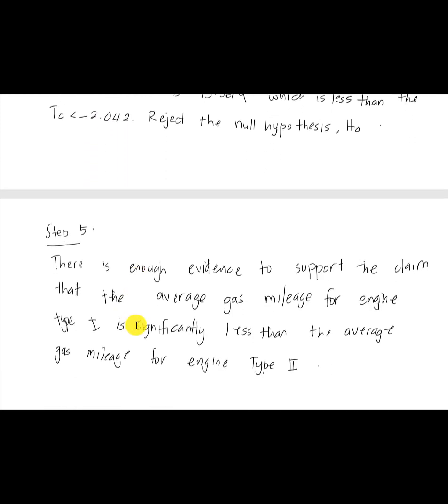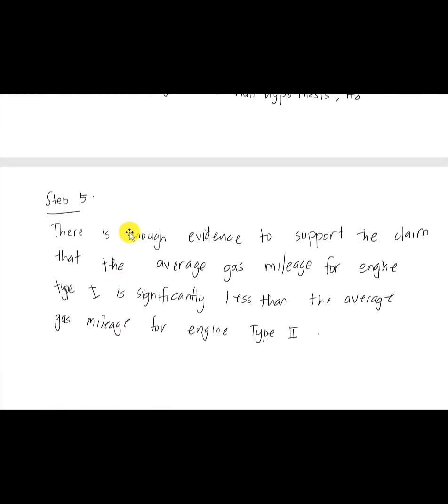If we reject the H naught, we have enough evidence to support our H1, which claimed that the average gas mileage for engine type 1 is significantly less than the average gas mileage for engine type 2. This is how we solve our problem in case D.